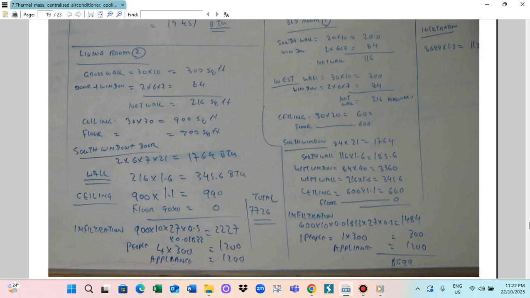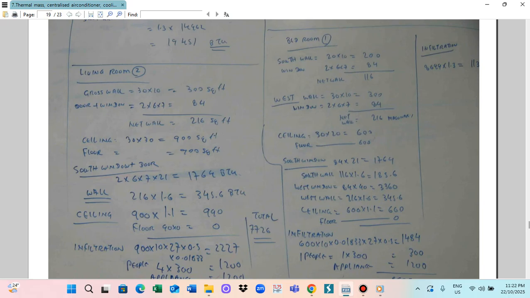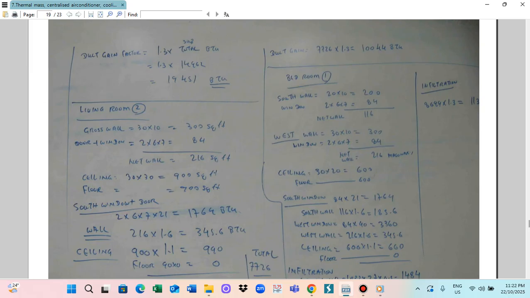So total heat will be 7726. Total heat transfer is 7726, we got. And then we have to utilize the tap gain factor.